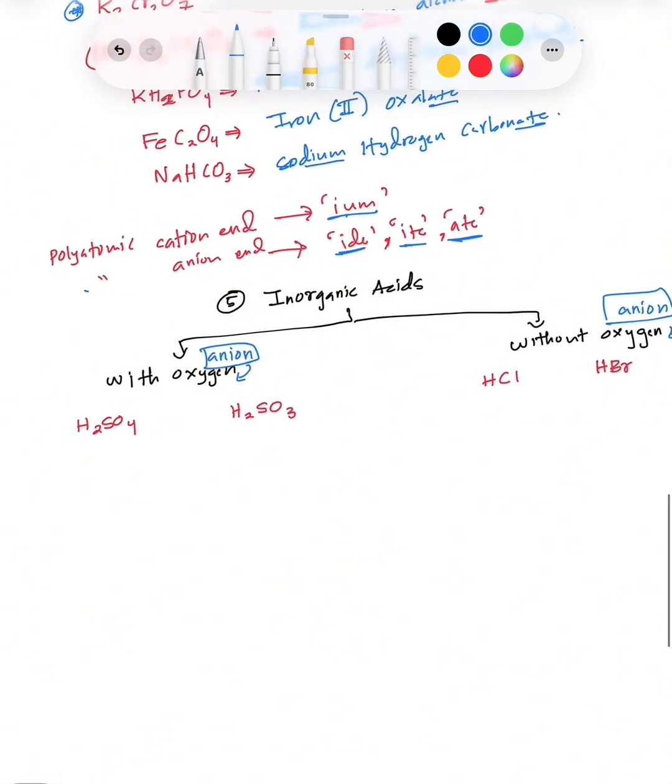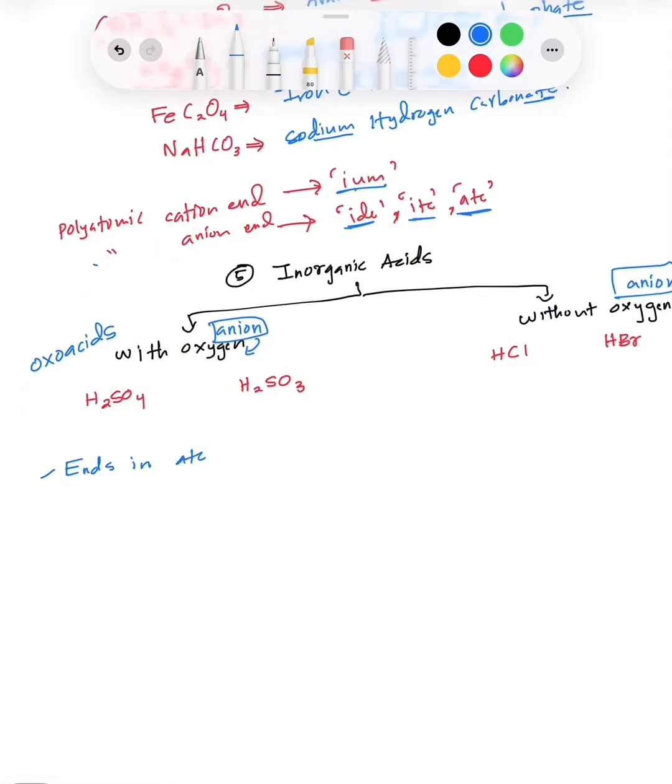So if the inorganic acid is having oxygen, then we call it oxo acids. Okay, inorganic acids with the anion oxygen means that is oxo acid. In that case, ending in -ate means it's -ic, and -ite means -ous.